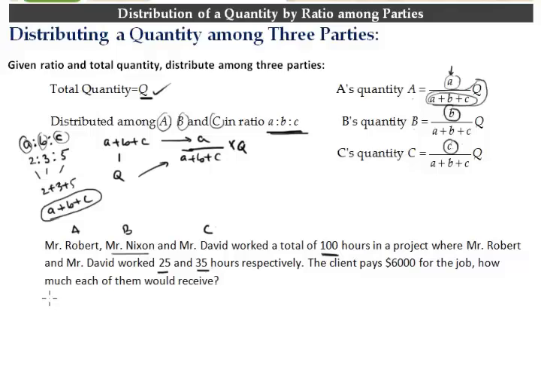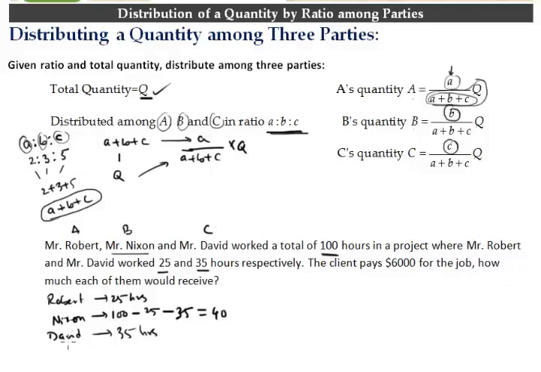So Mr. Robert worked 25 hours, Mr. David worked 35 hours, and we need to know how much Mr. Nixon worked. We know there are 100 total hours, so 100 minus Mr. Robert's hours minus Mr. David's hours will be Mr. Nixon's hours. 25 plus 35 is 60, so 100 minus 60 will be 40.